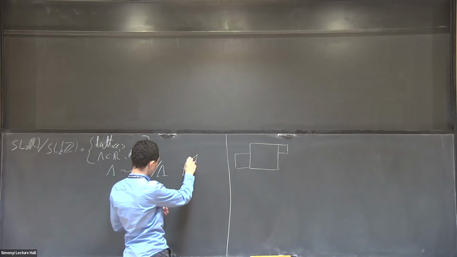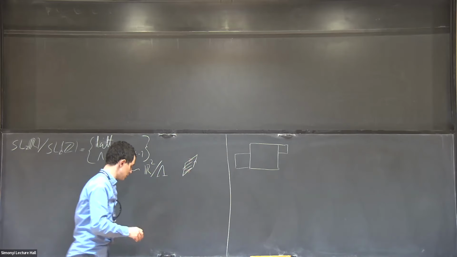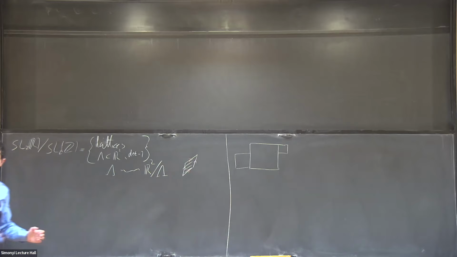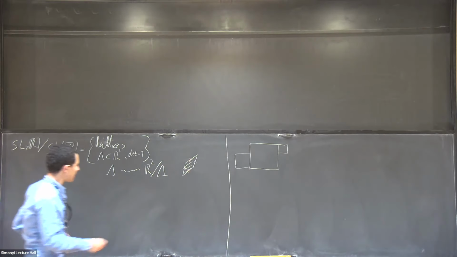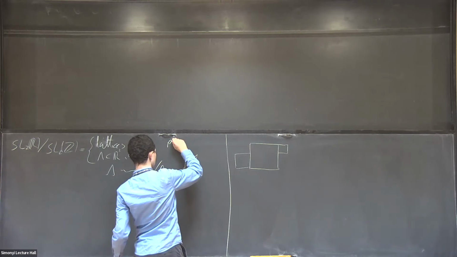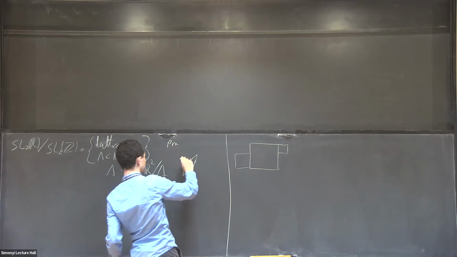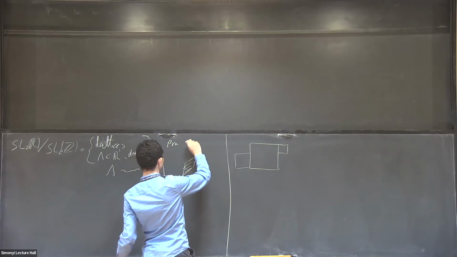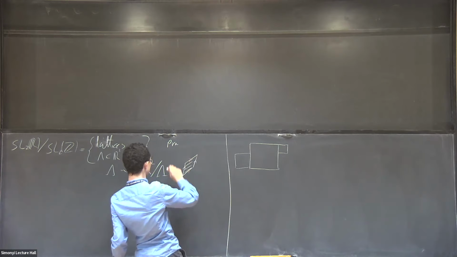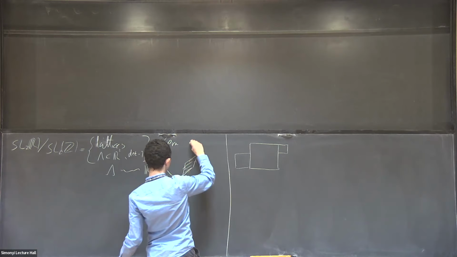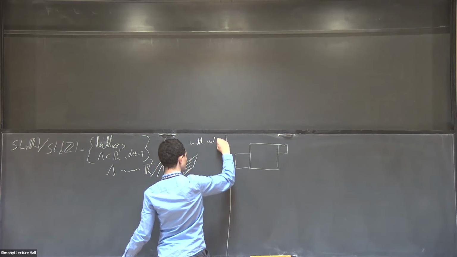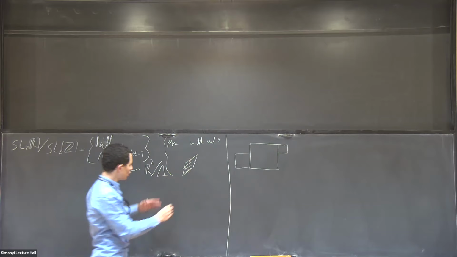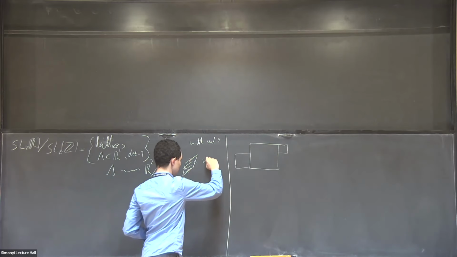So SL2R mod SL2Z is the space of parallelograms with volume 1, when we glue the opposite edges.